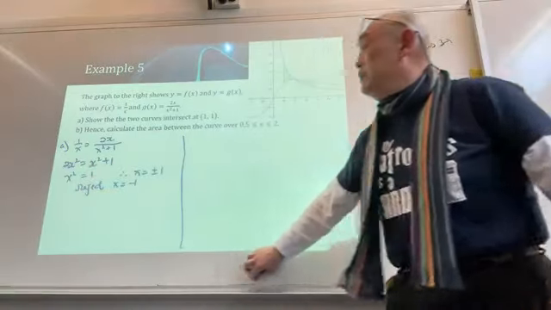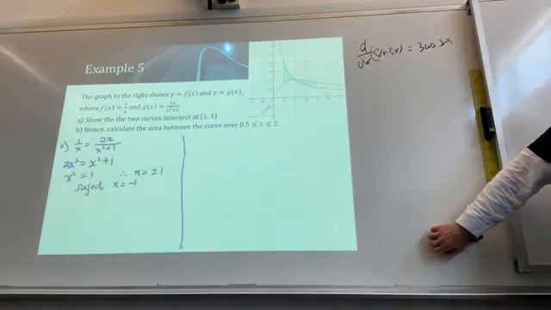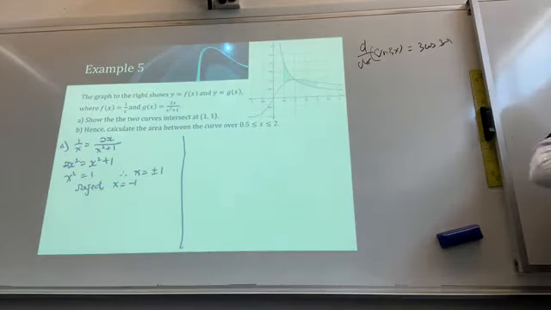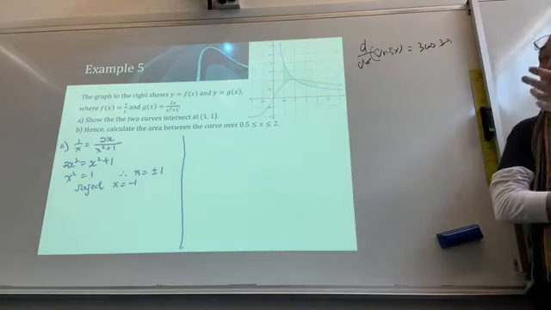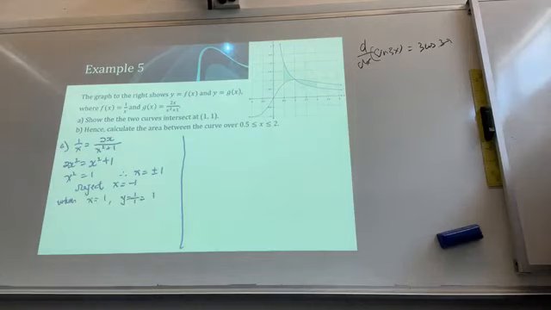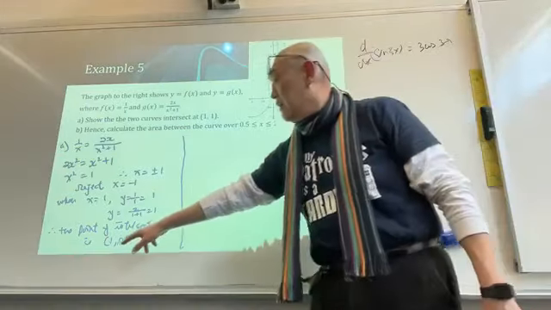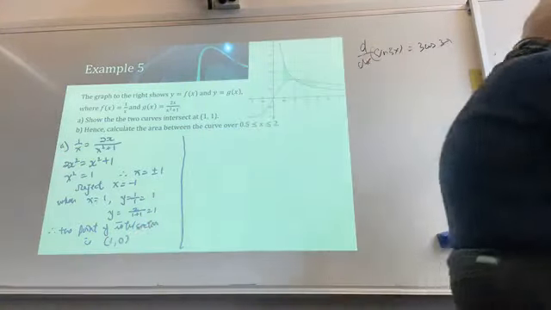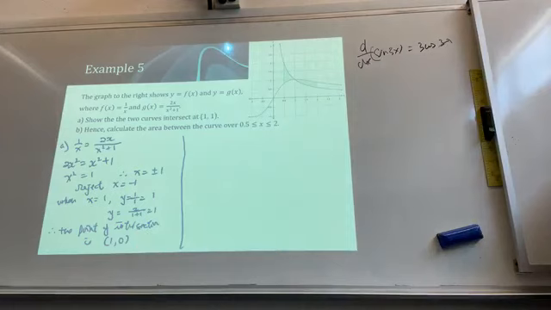So you have to reject x equals minus 1. It's important to note that. Then substituting into either f(x) or g(x), I substituted in both. Therefore the point of intersection is 1, 1, not 1, 0. I'll correct that later. It's 1, 1.